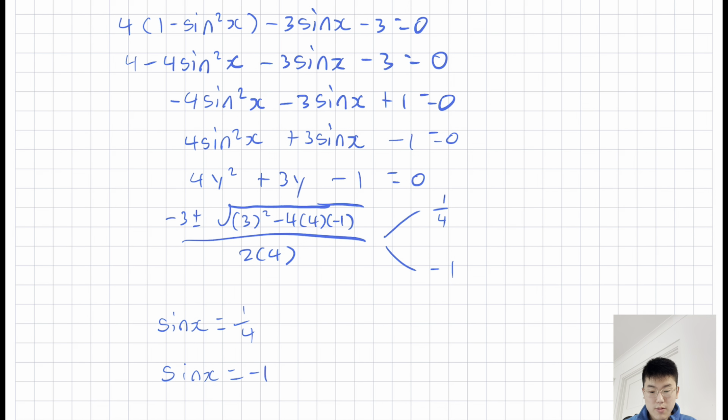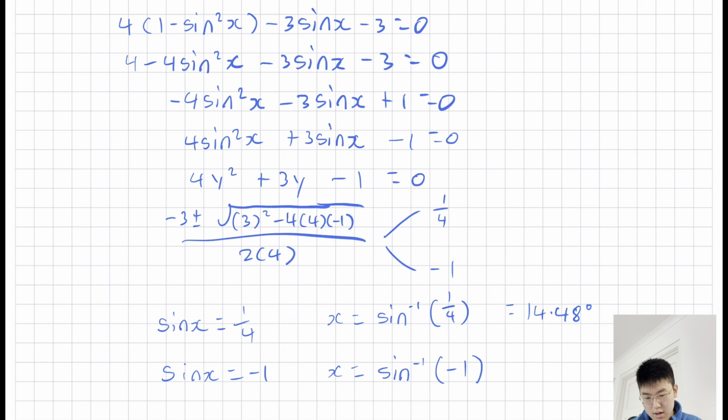So here, we're going back to the original type of trig equations, where we just have one trig ratio and it's equal to some value. So here we have x is equal to sine inverse of 1 over 4 and x is equal to sine inverse of minus 1.